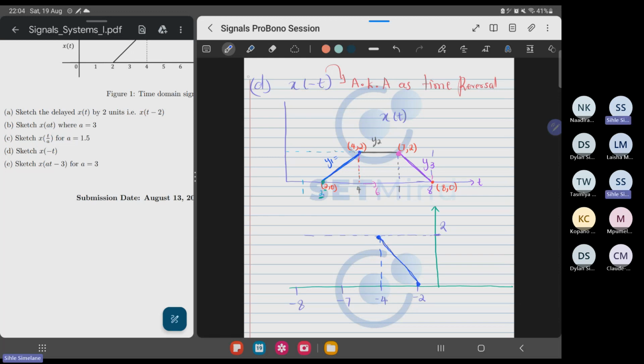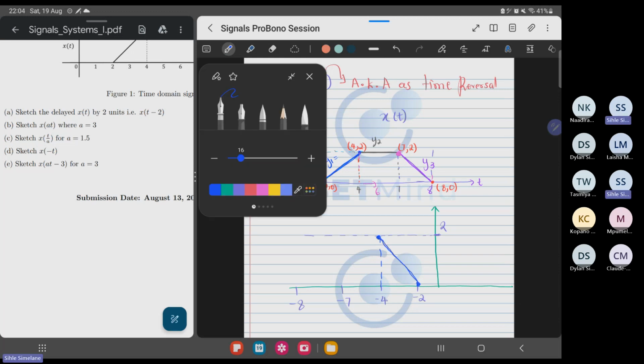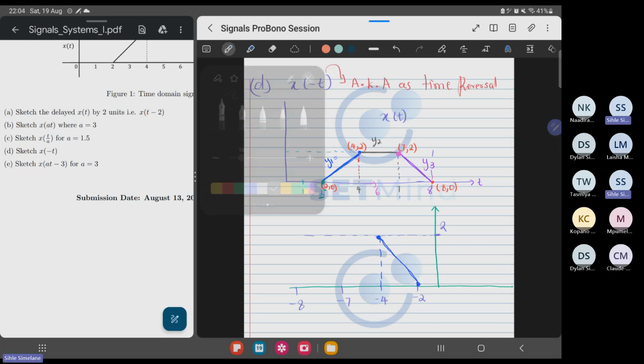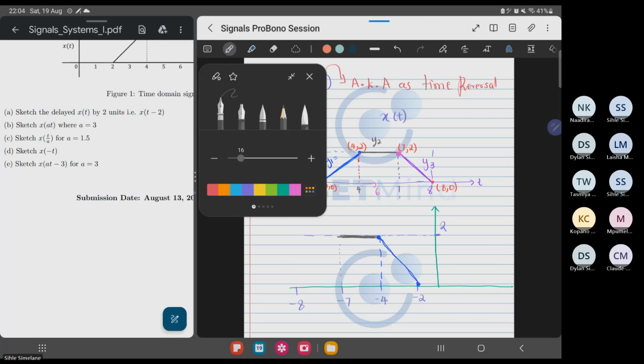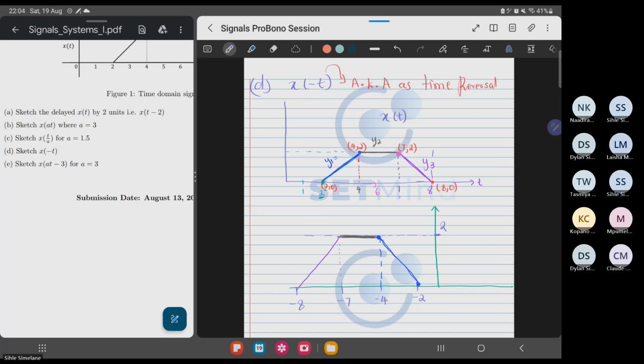And then where is the gray part? That is between t is -4 and 7, so that gray part will be here. Then the last part, which is the purple part, is going to go like this. Okay, this would be your time reversal.